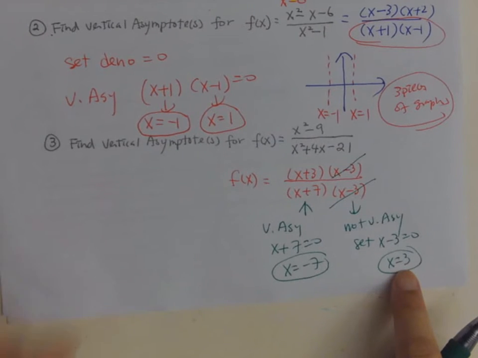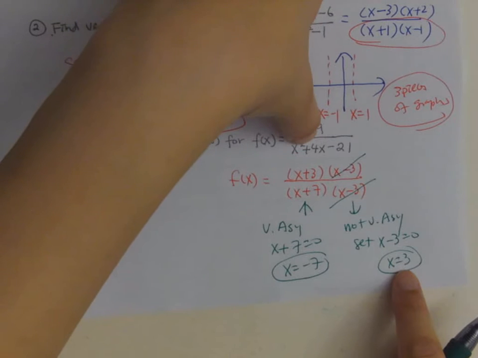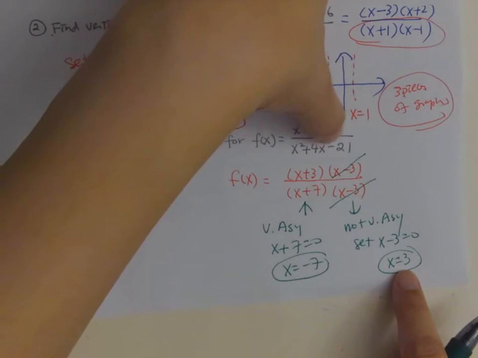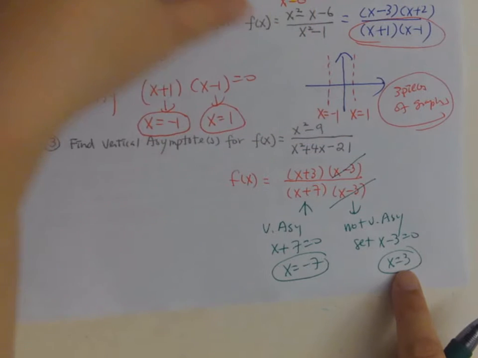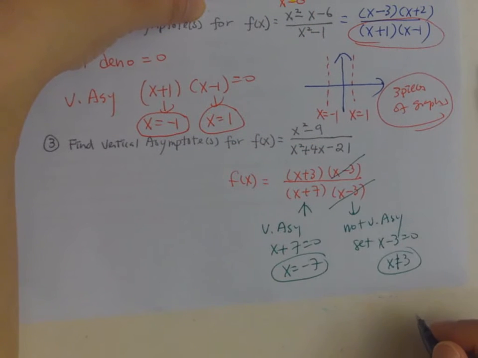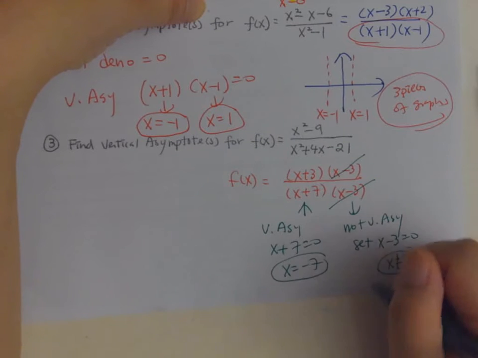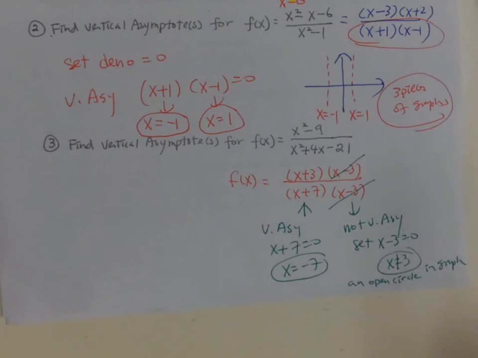If you plug this number in here, 3 squared is 9, plus 4 times 3 is 12, that's 21, minus 21 makes the denominator equal to 0. So x still cannot equal 3, even though it's not a vertical asymptote. It will become an open circle in the graph. Your graph still has to skip that even though it got canceled.